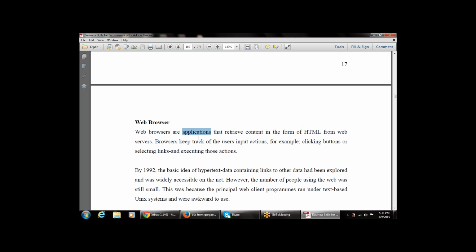So these are the applications that retrieve the content in the form of HTML; if I fetch content from the internet, that is done with a web browser. These applications retrieve content in the form of HTML from web servers.